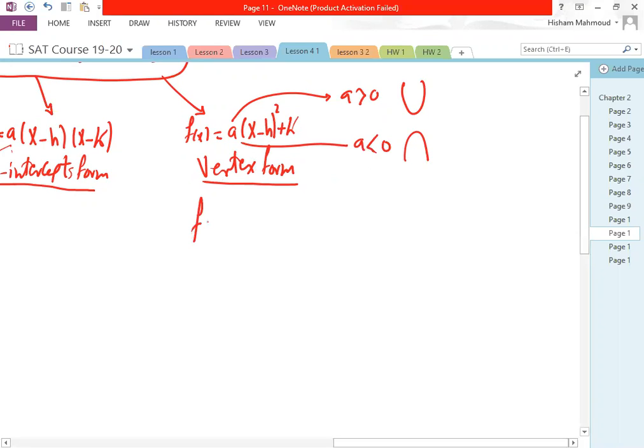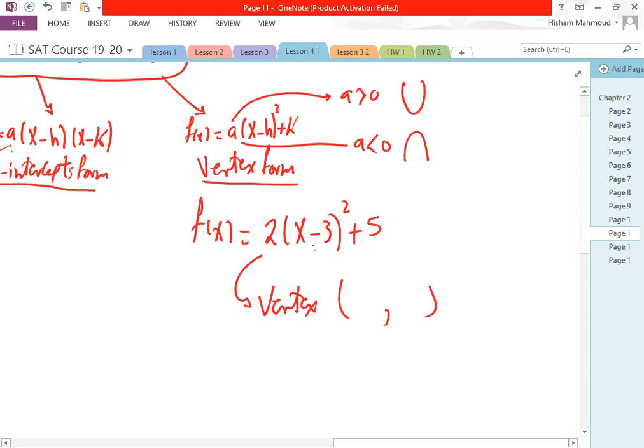So a vertex form example is negative 2 times (x minus 3) to the power of 2 plus 5. From this form, directly you can find the vertex. You change the sign of the number inside the bracket, so it's going to be 3, and add the other number as it is, 5.